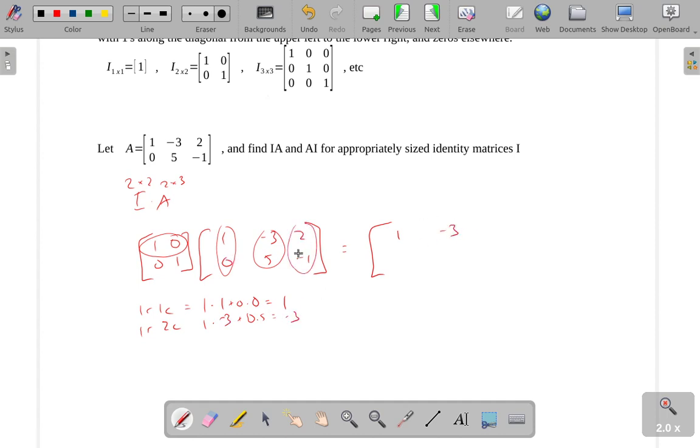Similarly here, you'll notice that whatever number is in the top part is just multiplied by the 1, so it stays the same. Whatever's in the bottom part is multiplied by the 0, which means it goes away. I add them together, and I'm just going to get the 2 there. Now, when we move down to the second row, you'll notice I'm now going to be using 0, 1: 0 times the first number and 1 times the second number.